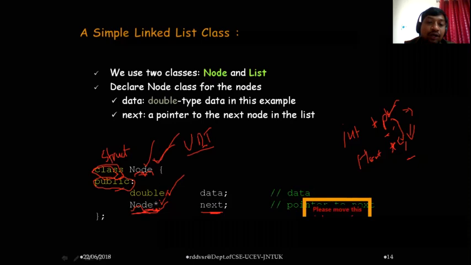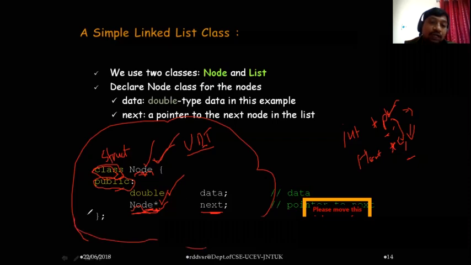That means it can hold the address of a similar structure, another node, right? You got my point? That is the reason why these linked lists are said to be self-referential structures. One structure points to another structure in the list, usually the successors in the list.